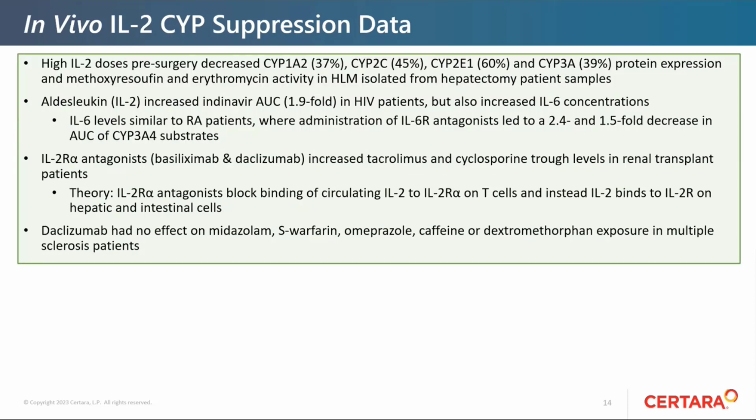Okay. For IL-2, again in a green box, I'm showing you some examples of direct dosing of IL-2 or IL-2 antagonists. For IL-2, CYP1A2, 2C, 2E1, and 3A protein expression was reduced in hepatic microsomes isolated from patients undergoing liver surgery who received high doses of IL-2 prior to the surgery.